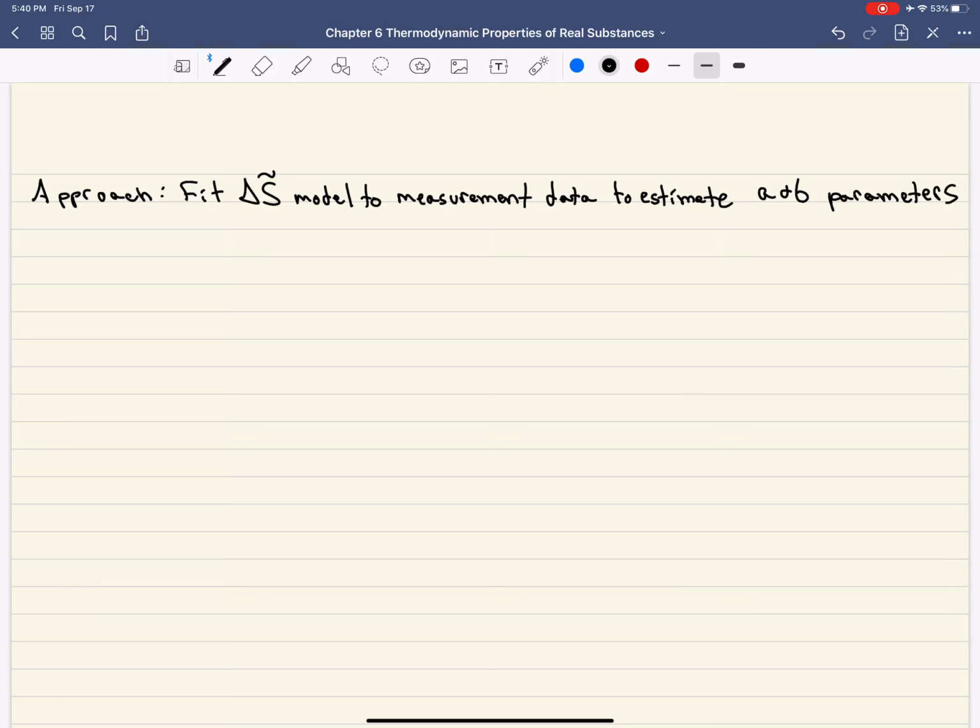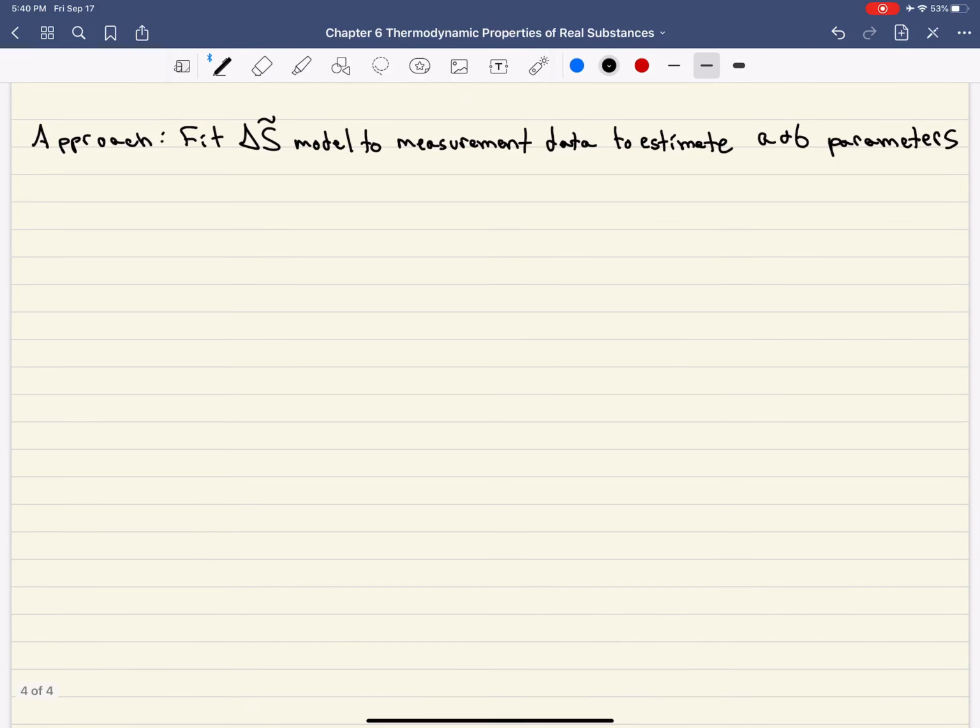All right, so that's the approach. Right-hand side of that equation, that's where we put experimental data. That's where we put the stuff we measure. Left-hand side, that's where we actually write out our mathematical equation. And then we just fit the left-hand side until it matches the right-hand side.